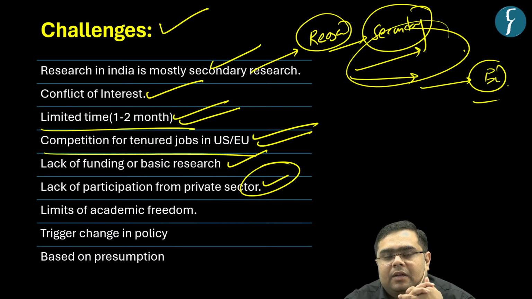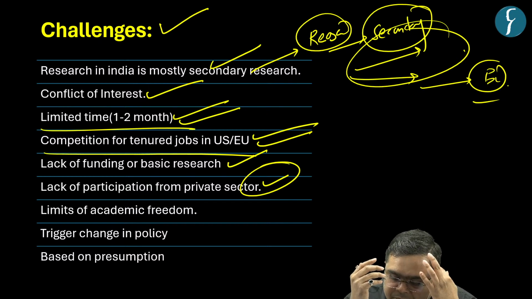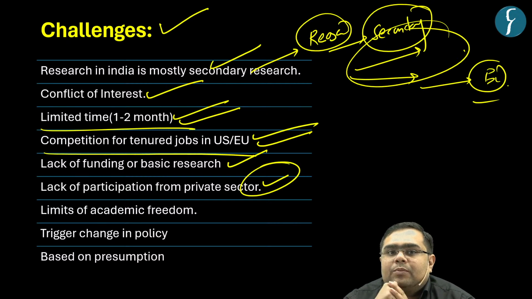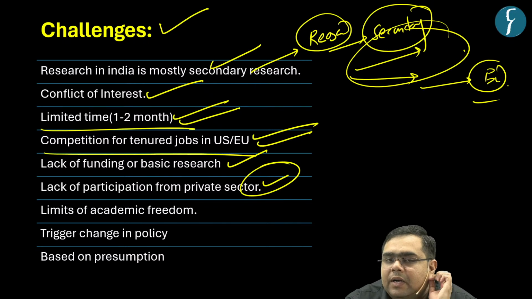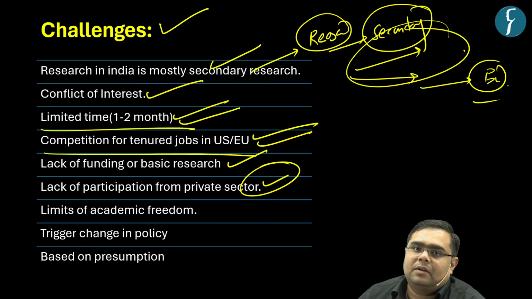In India, the research is carried out with the help of state funding, and private sector academia linkage is very poor, right? This leads us to the next point: because the state is the primary funding authority for research, the issue is tied to academic freedom. Since the researches are tied to the government, what would the government do?